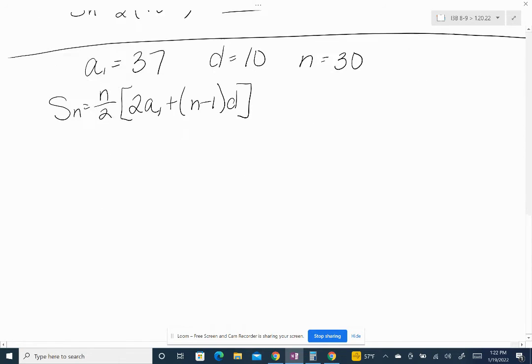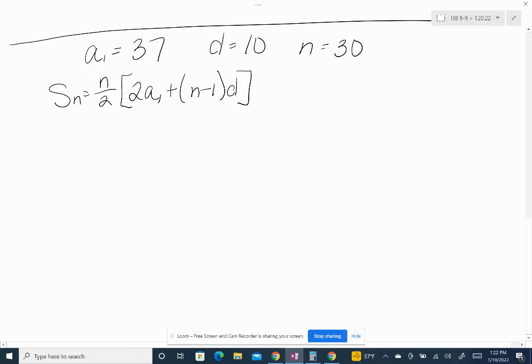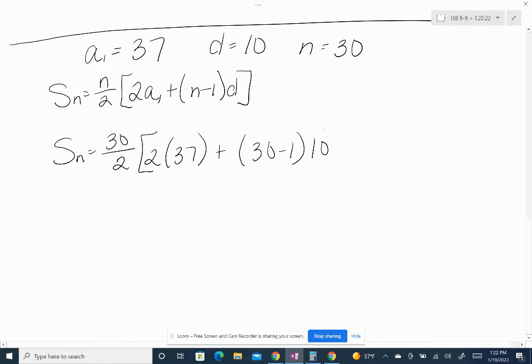Okay. So now we're just going to put in the information we know. So a of 1 is 37, d is 10, n is 30. So I'm going to replace my n with 30. a of 1 is 37, so it'll be 2 times 37 plus 30 minus 1 times our d, which is 10.